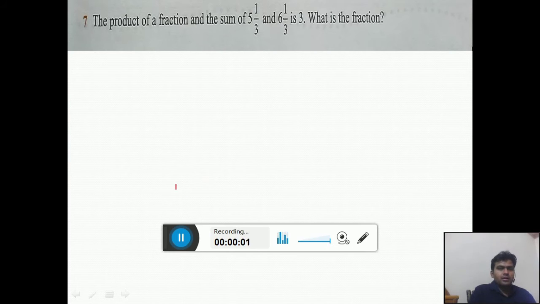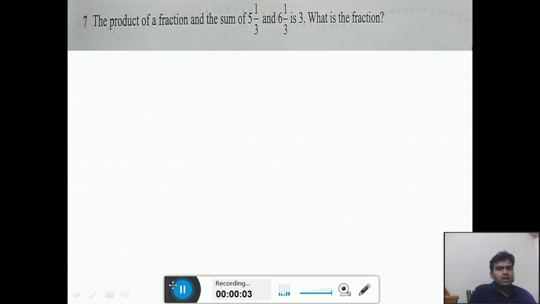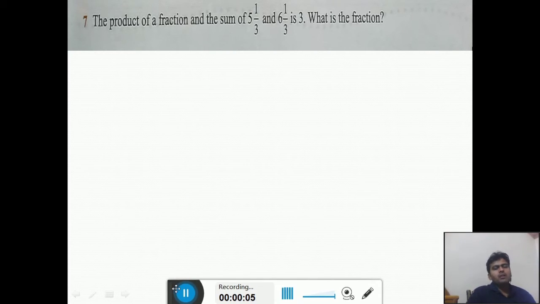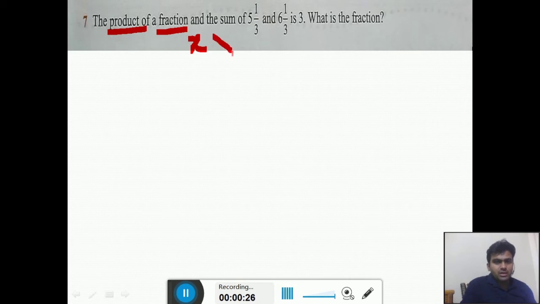Question number 7. The product of a fraction and the sum of 5 complete 1 upon 3 and 6 complete 1 upon 3 is 3. What is the fraction? So we have to find a fraction. We will assume that the fraction is x, and the product of that fraction x and the sum of these two.